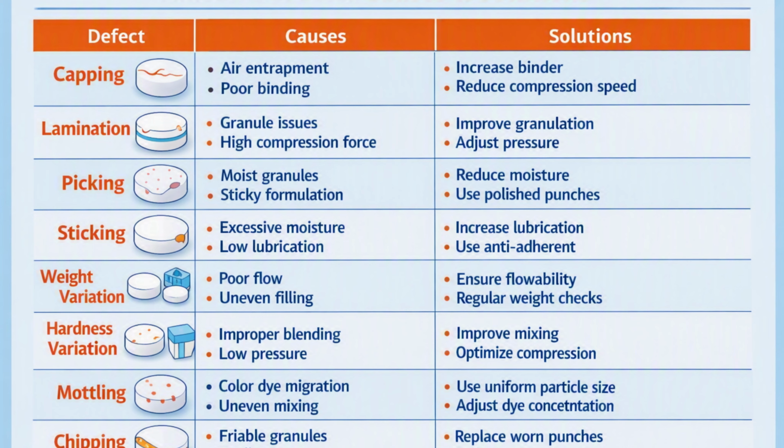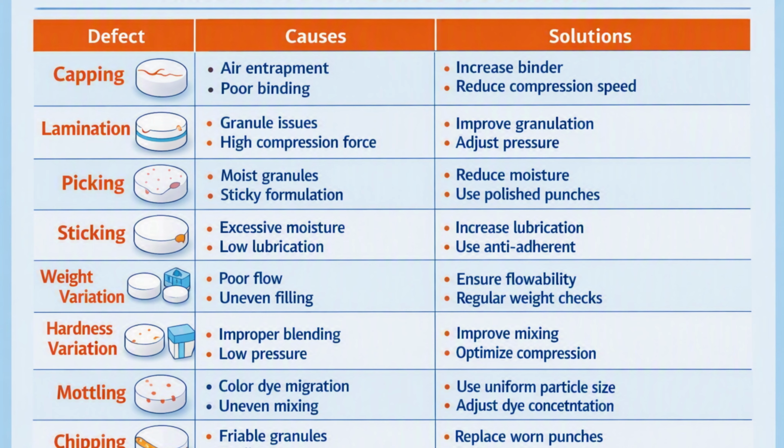Then picking. Picking is moist granules entrapped in the corner or any sticky formulations. Then finally sticking. Sticking is one tablet adhering to another by means of excessive moisture. Low lubrication may also result in sticking.